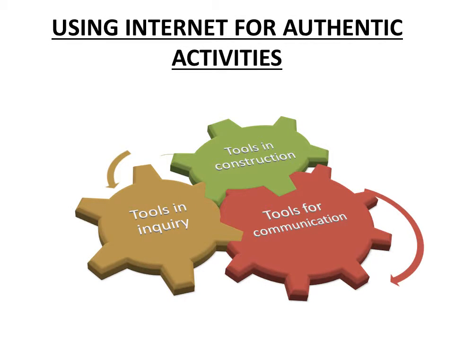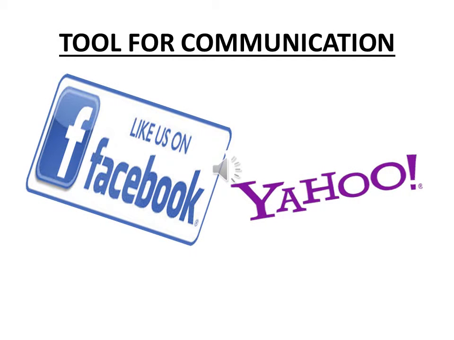These are the uses of the internet for authentic activities. It can be used as a tool for communication, tools for inquiry, and tools for construction. First, let's talk about the tool for communication. The internet has become the world's major channel for communication.